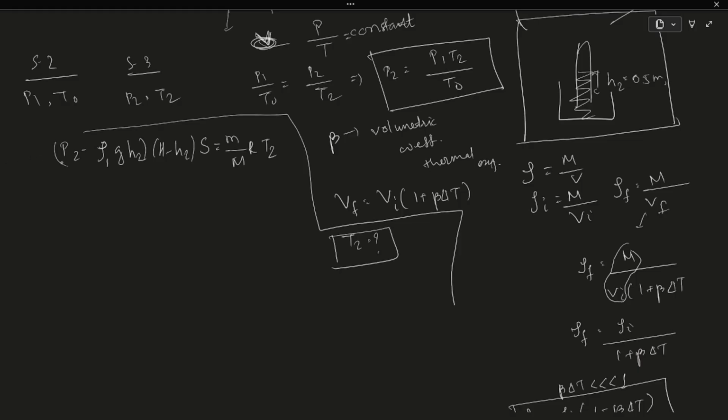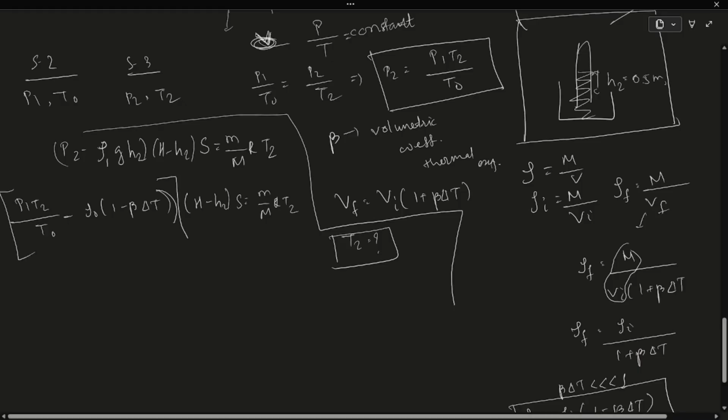So P2 in terms of P1 is P1 T2 by T naught, minus rho 1, which is basically rho naught times 1 minus beta change in temperature, g (H minus H2) into S equals M by M R T2.